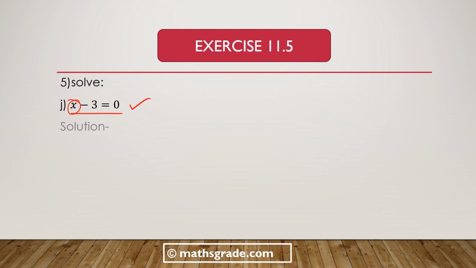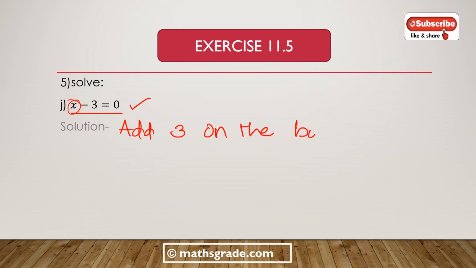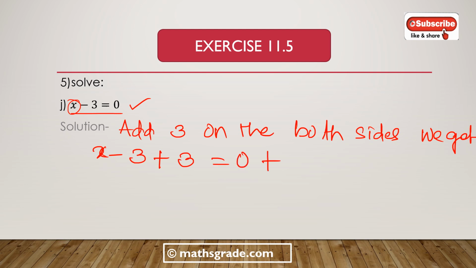So add 3 on both sides of the equation, we get x minus 3 plus 3 equal to 0 plus 3, and minus 3 and plus 3 will be cancelled.